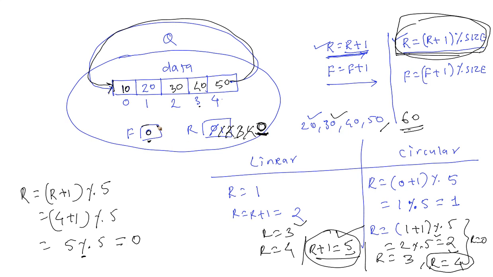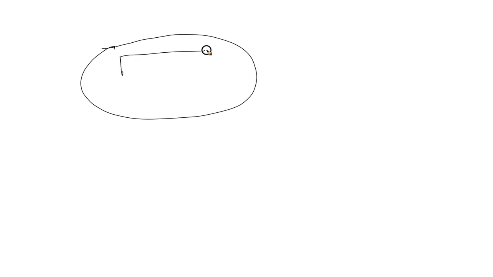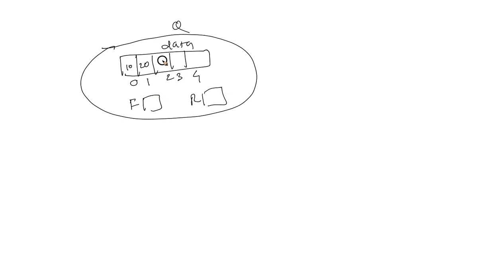Then when the queue is not full, let me take another situation here. Again, let's say I'll take this queue. This is data array, F and R. Let's say I perform some NQ operations in this queue by using circular formula, right?